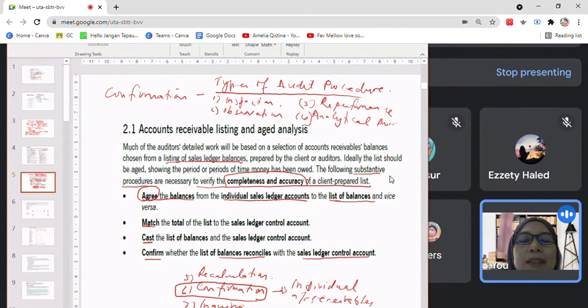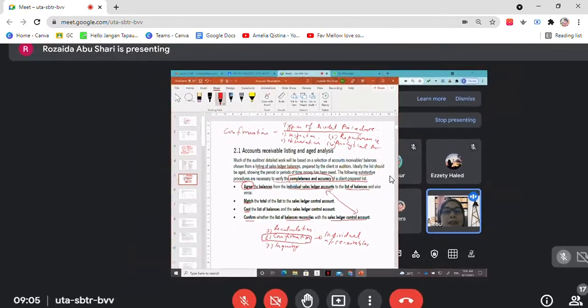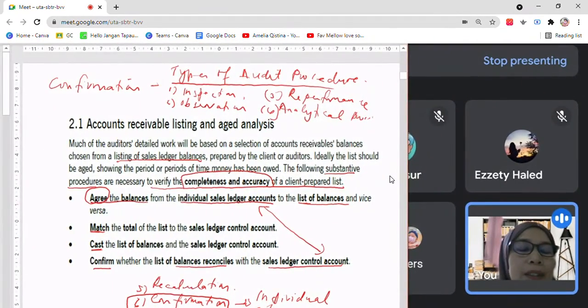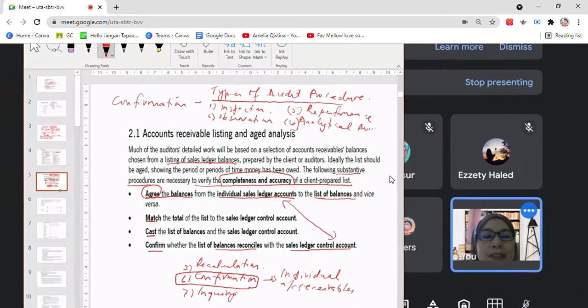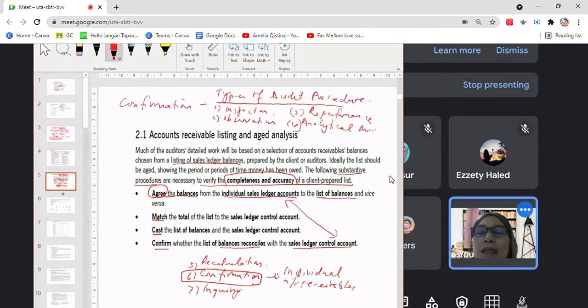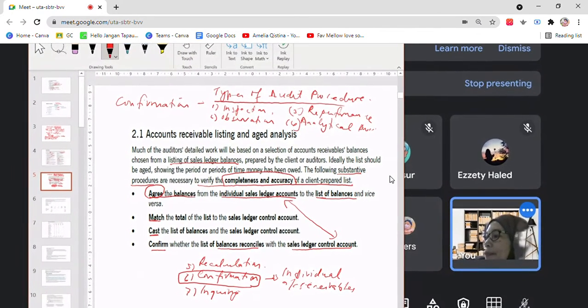What is the difference between sales ledger account and control account? Anyone? Sales ledger account and sales ledger control account. Anyone to share what is the difference? This is from your accounting knowledge. Amira, can you share?